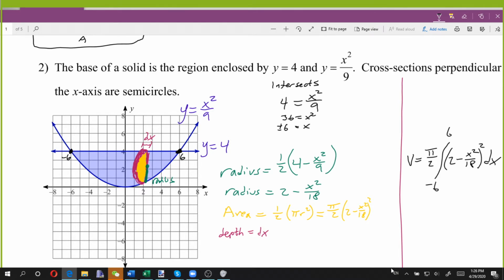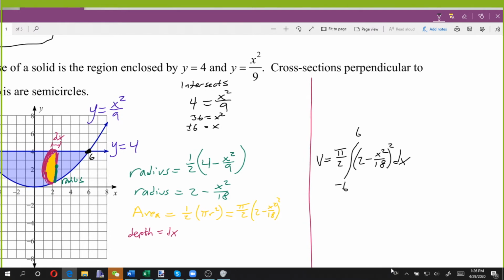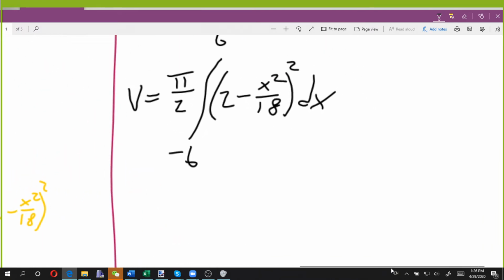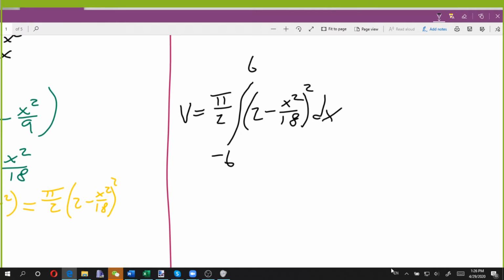All right. So now we can go ahead and expand that, and then after we've expanded, we'll be able to integrate. So if I expand this, Eric, what's going to happen?